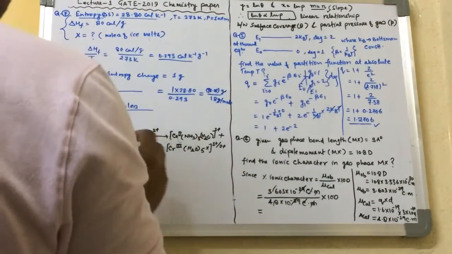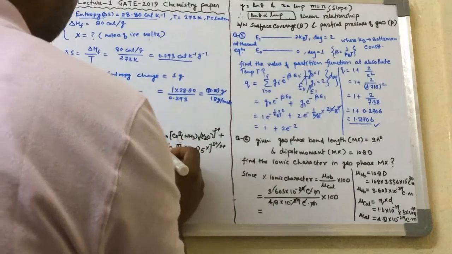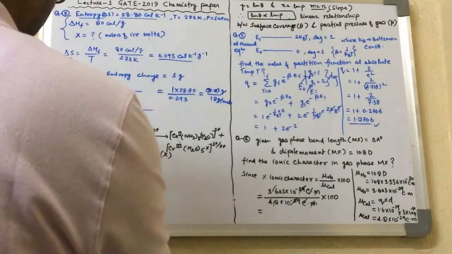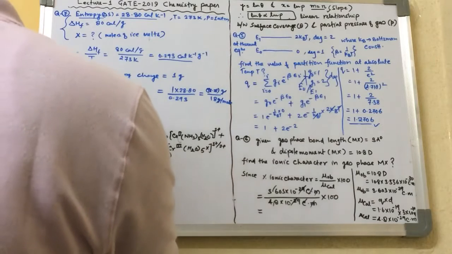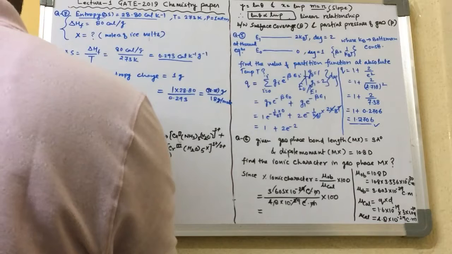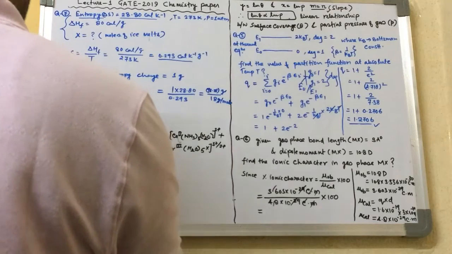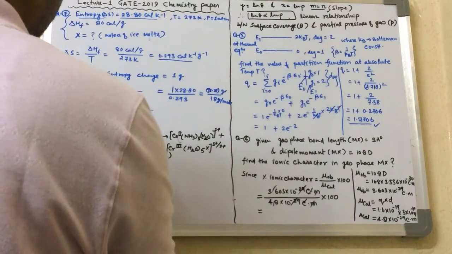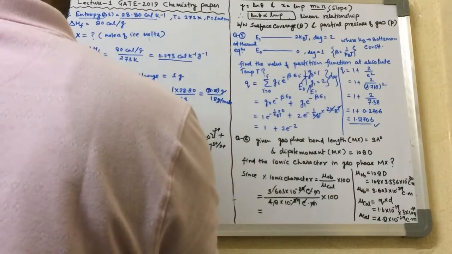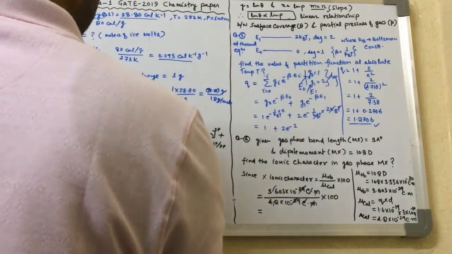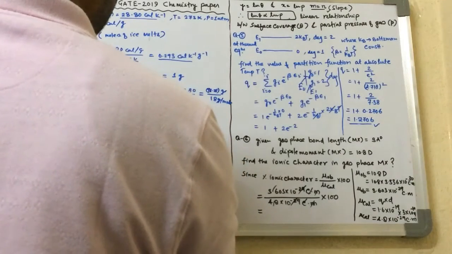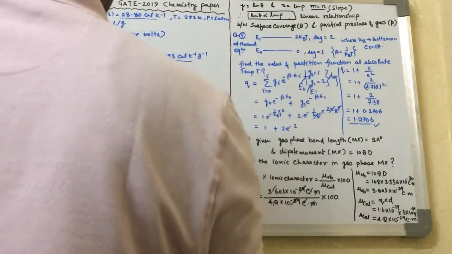So basically we look at the X value given in the options. In A, X may be water, in B, X may be ammonia, in C, X will be chloride, and in D, X will be N3 minus.